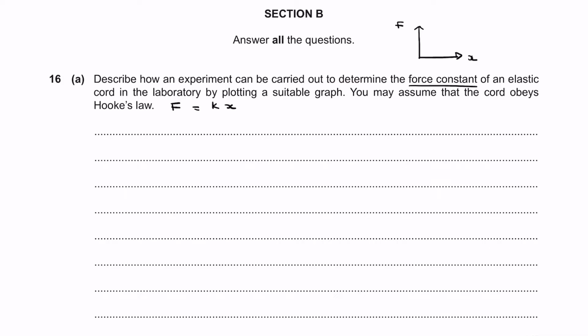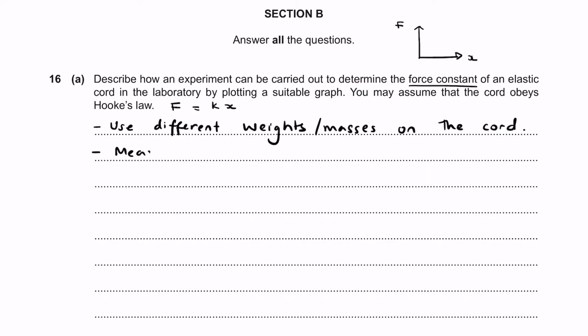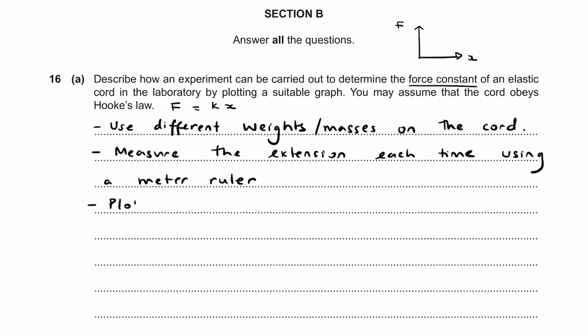Then get the gradient. So let's write this all down. Use different weights or masses on the cord, measure the extension each time using a meter ruler, and then record these values and plot a graph of force versus extension.